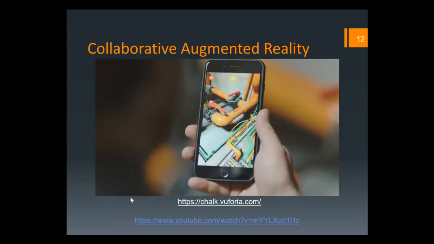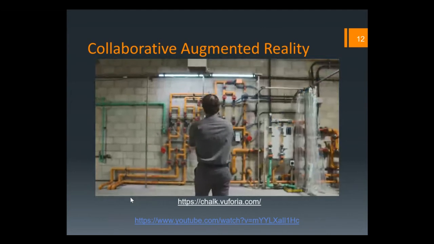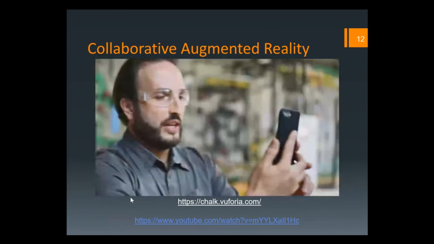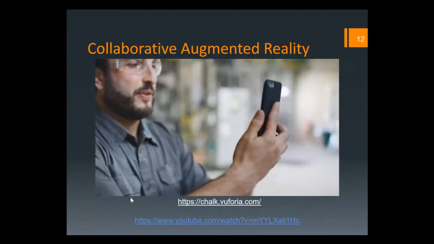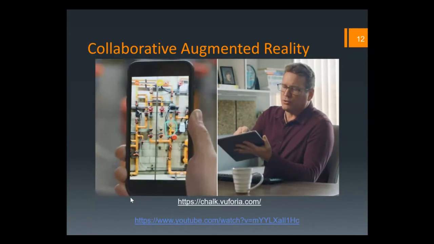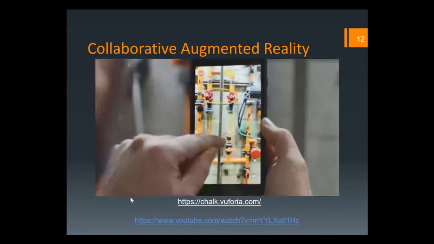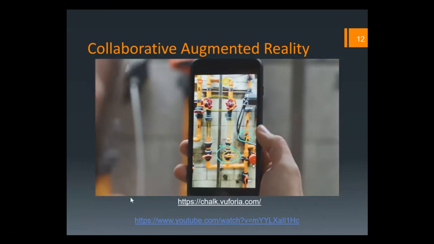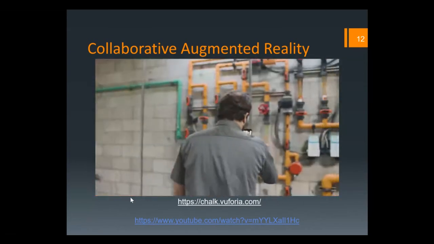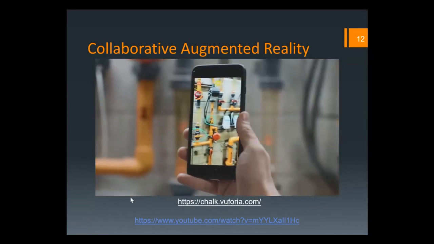So this one is actually done by Vuforia, the new version. They call it Chalk. Here they're communicating with a remote supervisor. They're looking at their live feed and they annotate the location in the factory, and then people communicate through the screen together. However, those annotations stay in space in 3D.